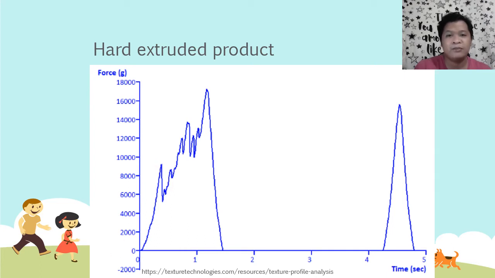And the TPA's single fracture value does not adequately describe the nature of the highly brittle product and its fracture mechanics. So parang multiple fracture siya dahil up and down, up and down, up and down yung labas, okay? This gives us an idea that the product is a brittle, low moisture product. Okay, most extruded products are low moisture.